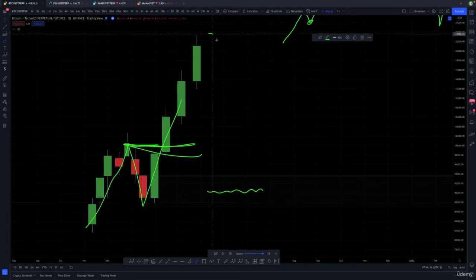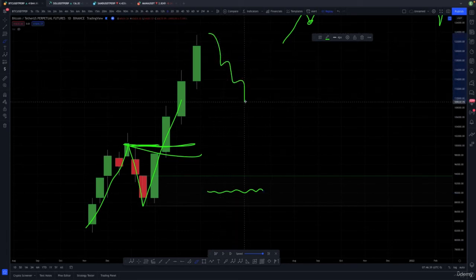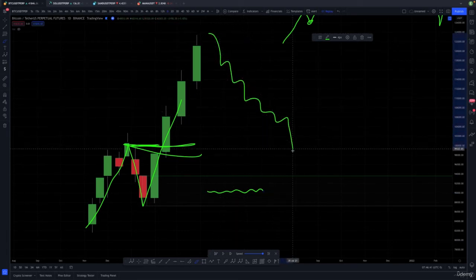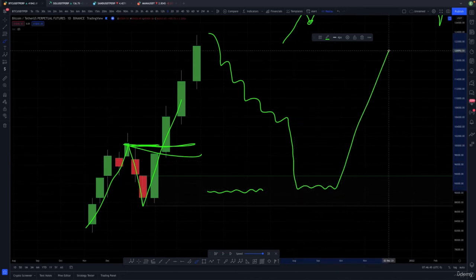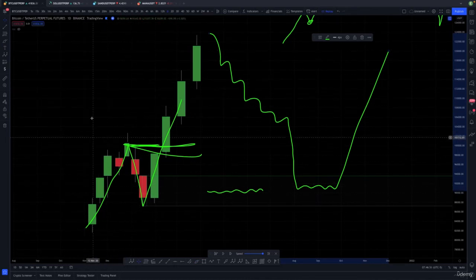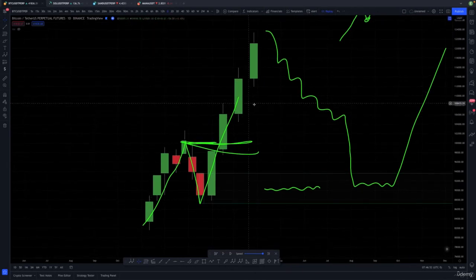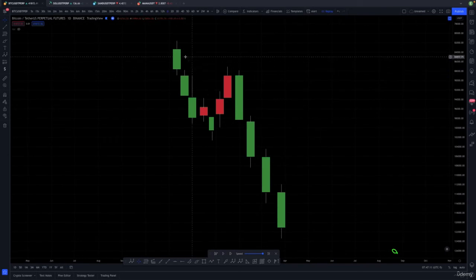You can expect that the price will come down, first filling up all the imbalance areas, plus it will come down into this area, and this is where we can expect a rejection towards the upside. And the same rule applies when the market is moving in the opposite direction. But in that case, what will happen if I just turn the green into red.